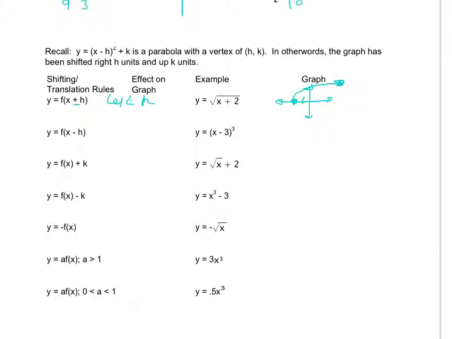Looking at the next one, based on what I looked at with a parabola, when I subtract from the inside of a function, it moves my function right h units. So if I apply this to one of my new functions, if I have y equals (x minus 3) cubed, I'm going to keep the same general shape, but I'm going to go right 3 units.